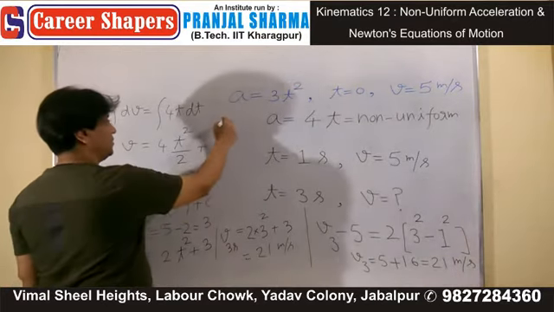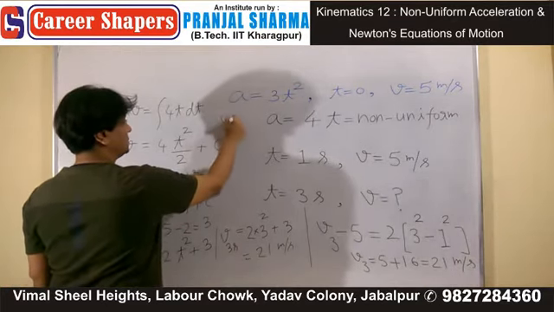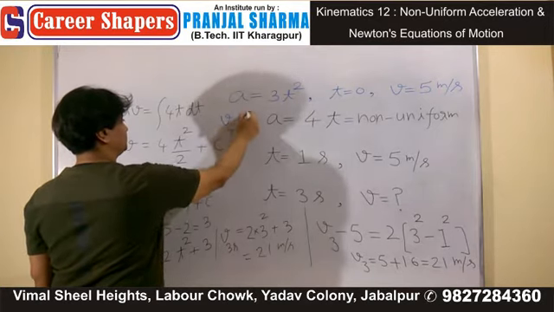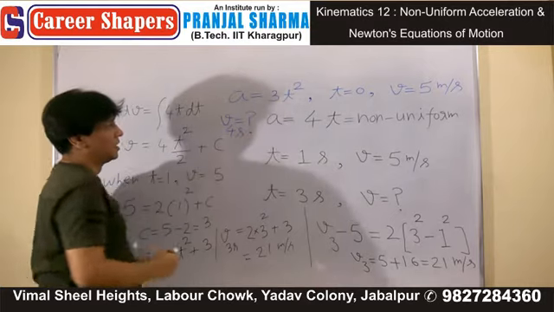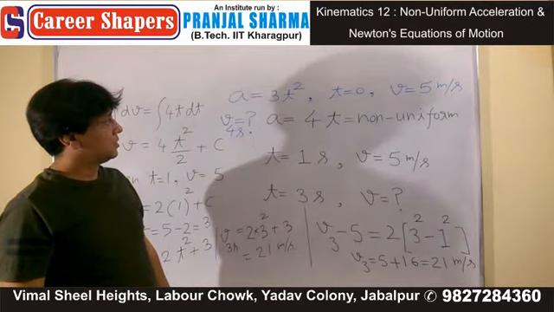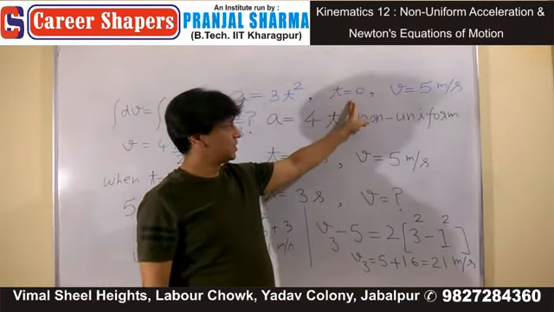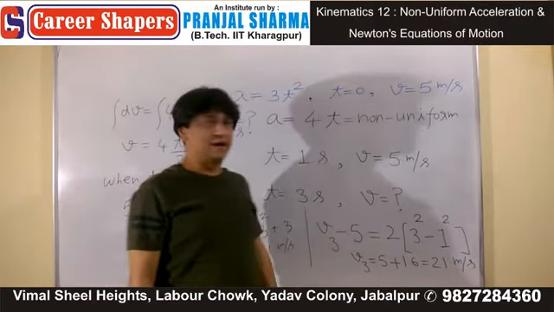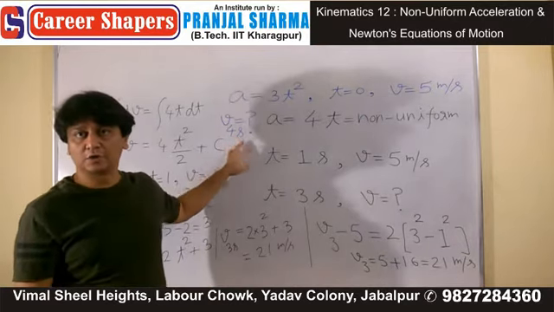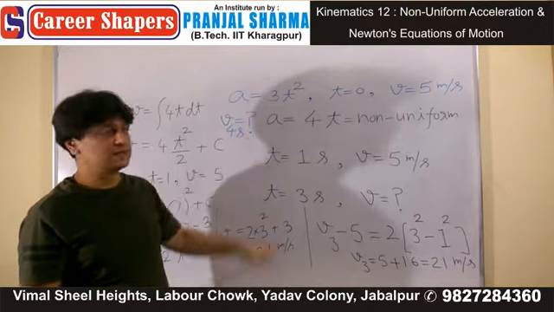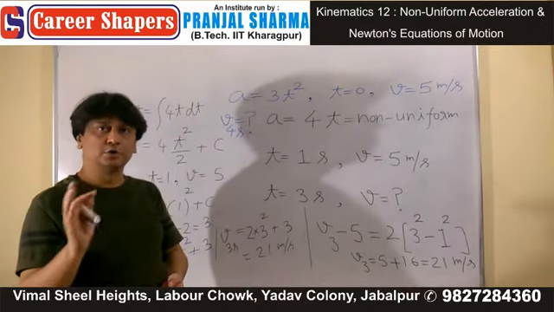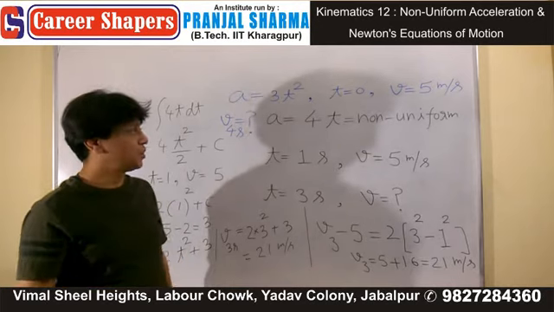And you need to find velocity when time is 4 seconds. Put this question down. The acceleration is 3t square, when time is 0 velocity is 5, that is, initial velocity is 5. And the question says find the velocity when time is 4 seconds. First method and second method, use both methods and produce the answer.